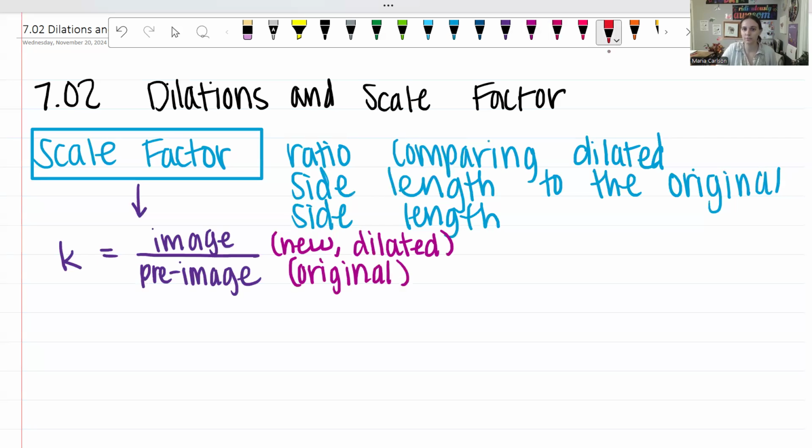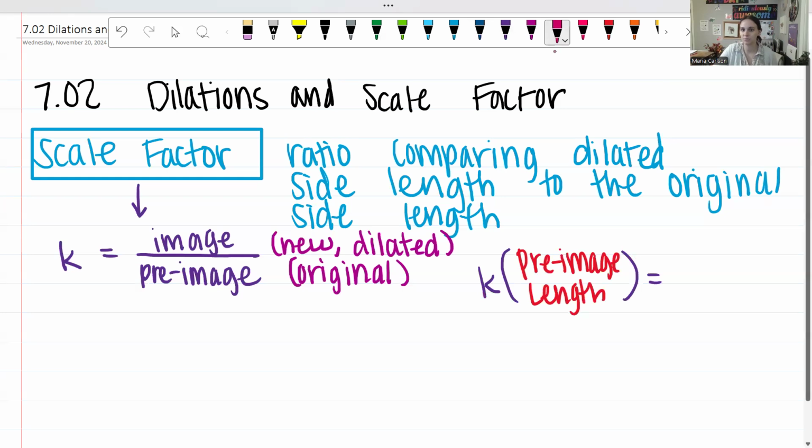And in general, your pre-image, whatever that length is, times K is equal to the length of the image.